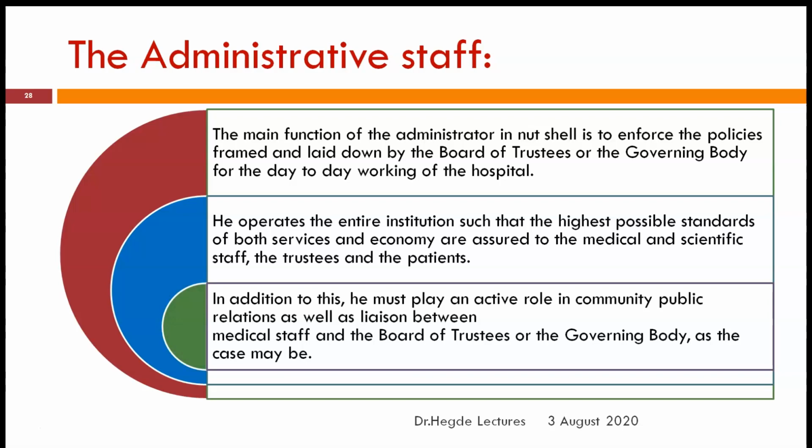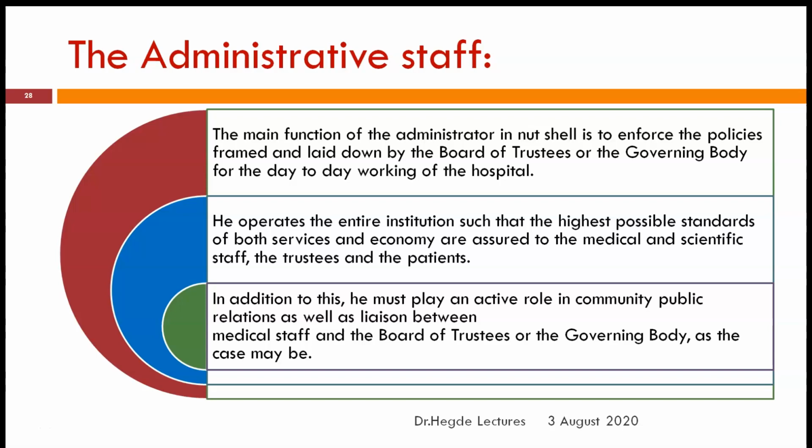In addition to this, he must play an active role in community, public relations, as well as liaison between medical staff and board of trustees or the governing body, as the case may be. So he provides liaison, meaning coordination. He is a link between the medical staff and different categories, whether it may be the governing body, board of trustees, nursing staff, pharmacist.